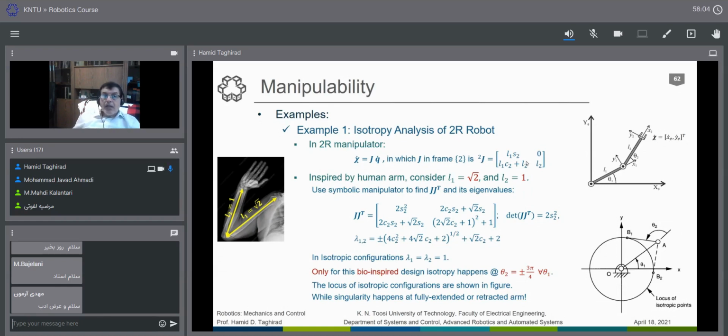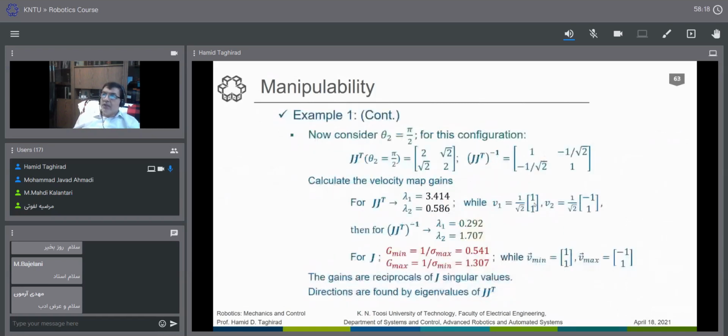Now consider another angle, not the isotropic one, the best one, or the worst one, the 0 or 180 degrees. Consider 90 degrees here. Consider that these two arms are perpendicular to each other, and theta 2 is equal to pi over 2.